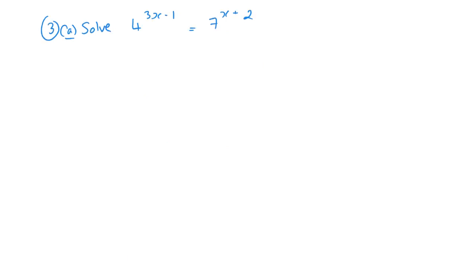Our last type then, and this is the most complicated, where we've got powers on both sides. We're solving 4 to the power of 3x minus 1 equals 7 to the power of x plus 2. Again, we're going to start by taking logs. And then we're going to bring down now the powers on both sides.